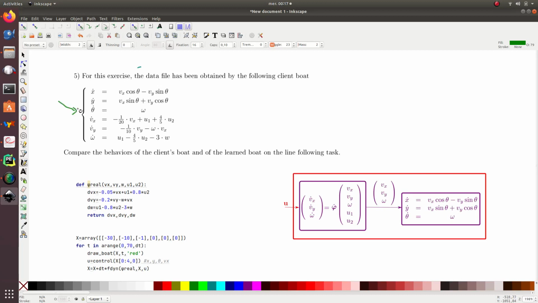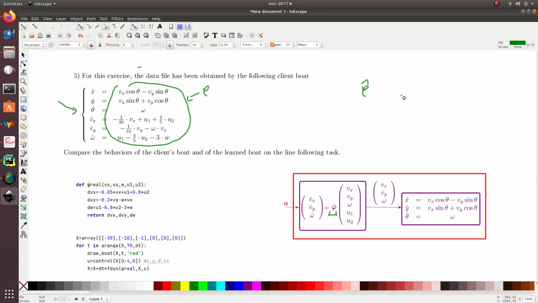So I want to test the controller with this model, and compare with the model the behavior that has been predicted by my neural network, by this one. So this corresponds to the actual phi, and phi hat here corresponds to the one that has been trained.